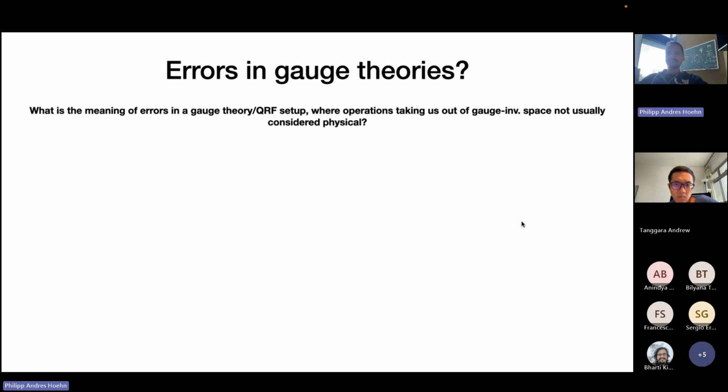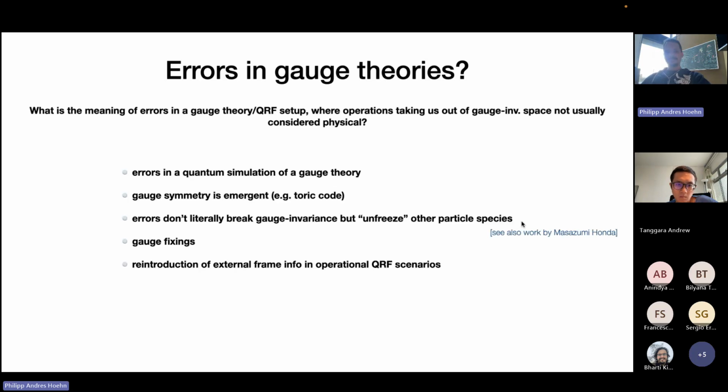So what could errors actually mean on the gauge theory side? And it turns out that there are actually ways in which you can think of them as being meaningful. So one is when you think about a quantum simulation of a gauge theory. So it means you have a quantum system that's not actually a gauge theory, but you want to restrict it to a subset of states that mimics, say, the gauge invariant Hilbert space of some lattice gauge theory.